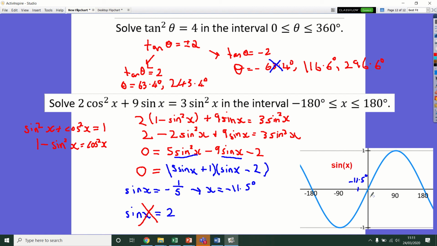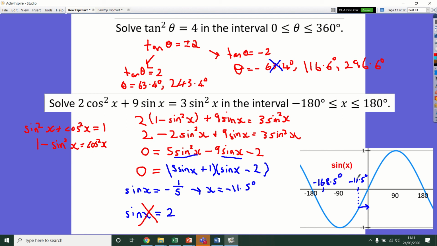And based on what I've got in my picture, if this is my first solution, it looks as if I've only got one more solution over on this side over here. So what I'm going to do, I'm going to work out what happens if I reflect over here. And it looks like that's minus 168.5.